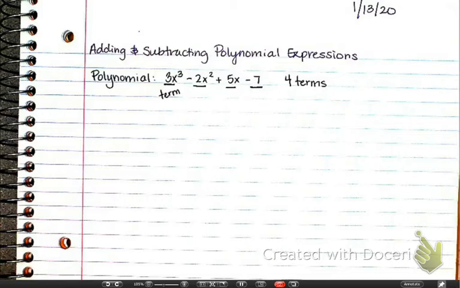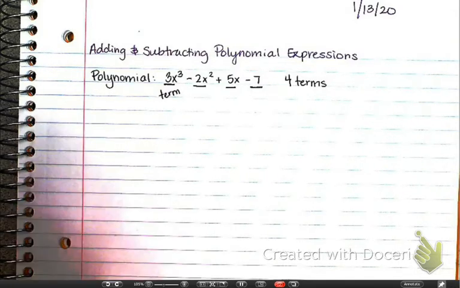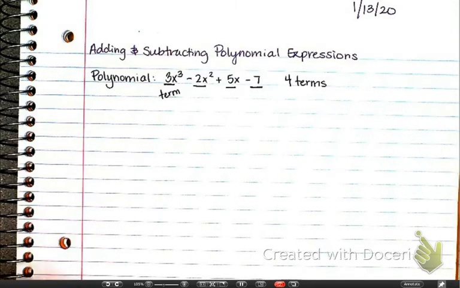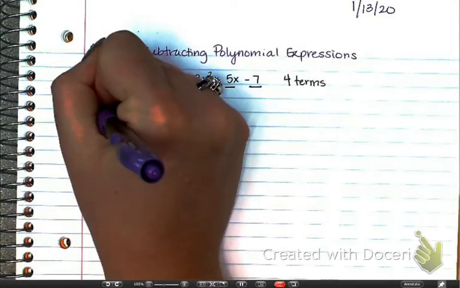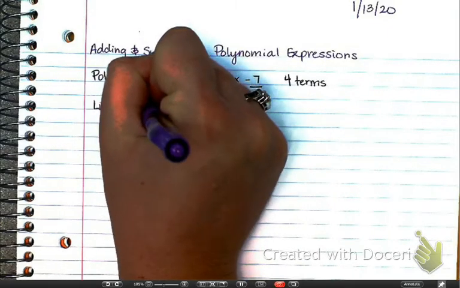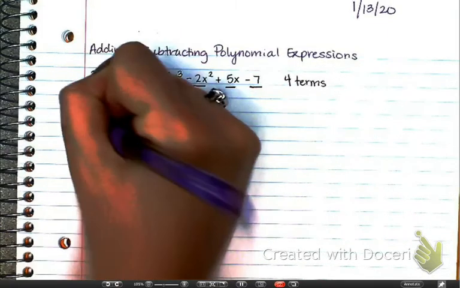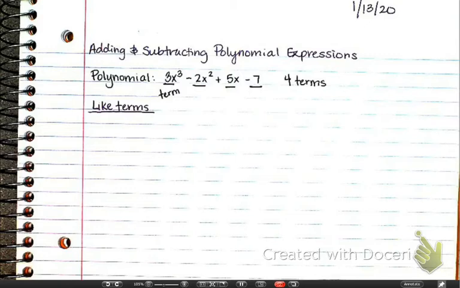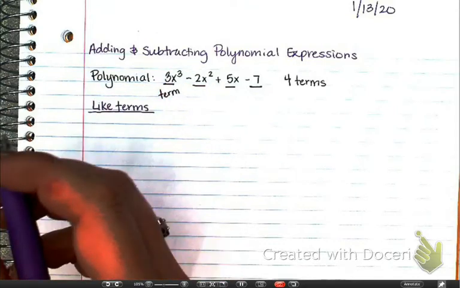Okay? When we were doing exponents, we were combining like terms. Remember when we did that, they had to have a couple things in common. What makes something like terms? What do they have to have? Who remembers from last week? What are the 2 things you have to have to be considered like terms? Same base.